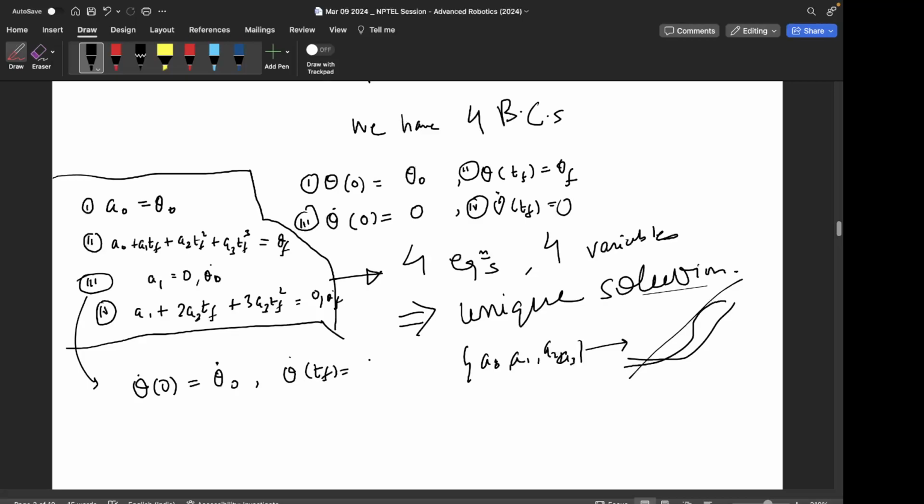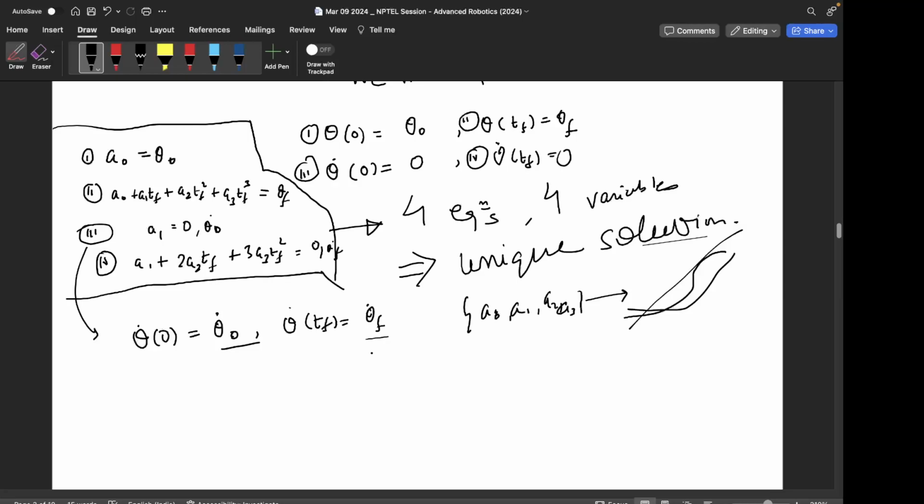This is the general case. Taking the velocity 0 at the beginning and the end simplifies the computation a little bit, but you can take it non-zero also, some theta dot 0 and some theta dot f. In that case you will not equate it to 0, you will equate it to that given value, theta dot f. So that's just the difference. Yes, sir. Okay, sir.